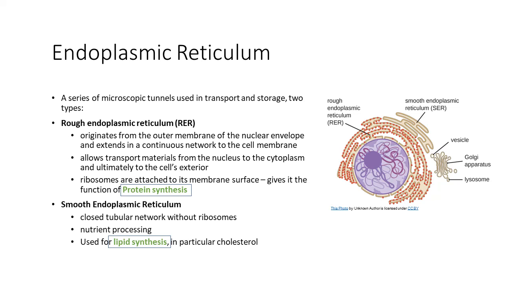Those components will come out of the ER, they go to the Golgi apparatus, where the Golgi apparatus will then modify things, and then it will move things out of the Golgi, and again it's going to be in a vessel, but that vessel, as it pinches off, is going to be a lysosome or another type of vesicle that is going to then move through the cell, stay in the cell, possibly go outside of the cell, depending on what the component is.